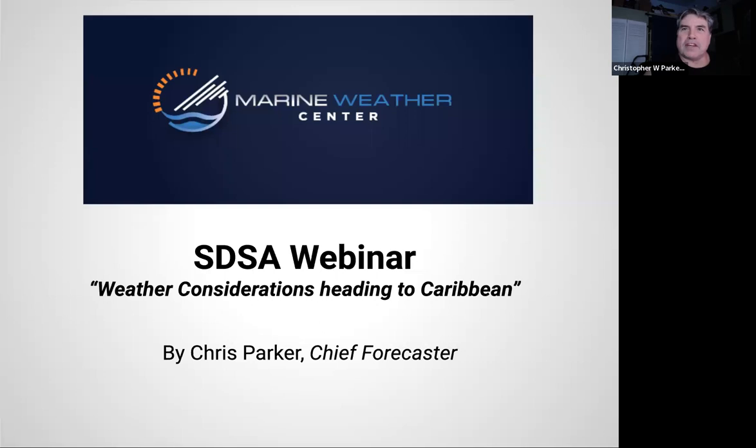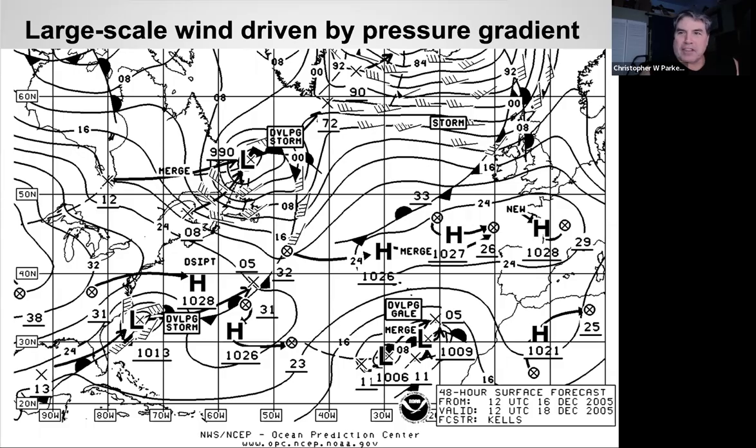this is a WeatherFacts chart, and it's kind of ugly, but the only important thing we need to get from it for our discussion is that the large scale wind is driven by a difference in pressure over distance. It's driven by the pressure gradient.